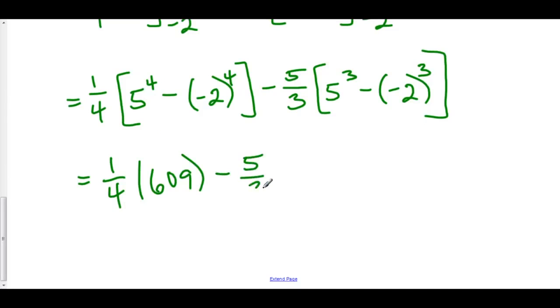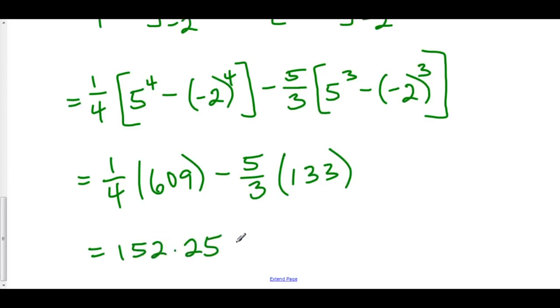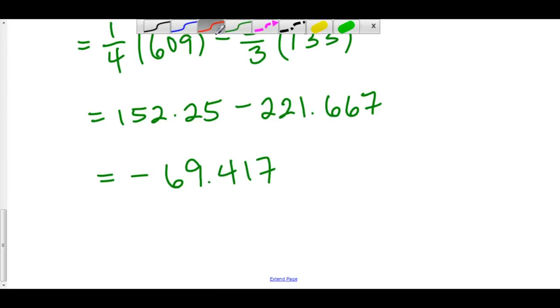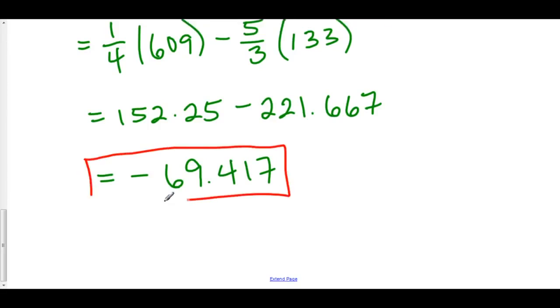And we can also figure out that 5 cubed minus -2 cubed is 133. 1/4 of 609 is 152.25, and 5/3 times 133 is approximately 221.667. And so the total answer is -69.417. And that is some hardcore integration.